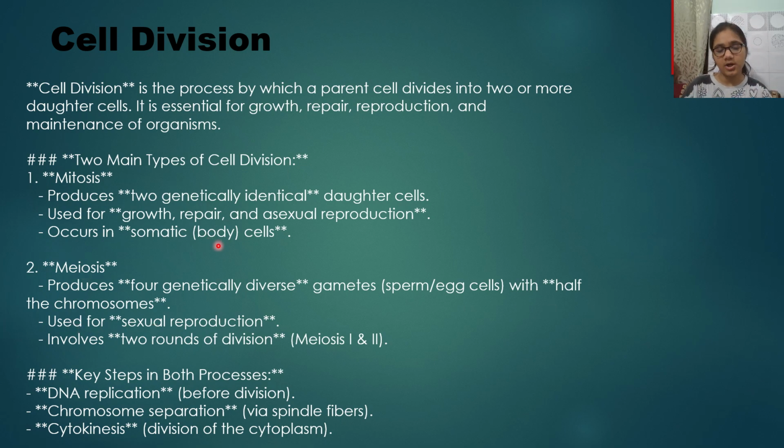So if we see meiosis, इसमें 4 genetically diverse gametes प्रोड्यूस होते हैं. गैमेट्स किसमें आता है, मेल रिप्रोडक्टिव ऑर्गन में. अगर हम फीमेल रिप्रोडक्टिव ऑर्गन की बात करते हैं तो उसमें ओवम आता है. गैमेट्स में स्पर्म, और एग with half the chromosomes, used for sexual reproduction, two rounds of division. The steps in both processes are DNA replication before division, chromosome separation and cytokinesis.